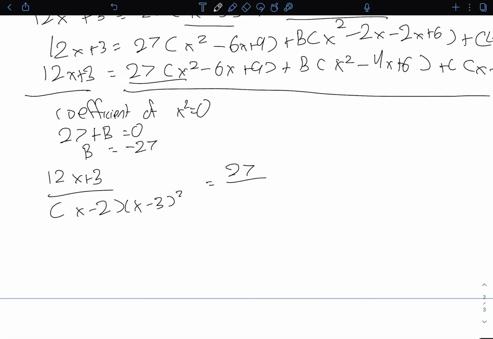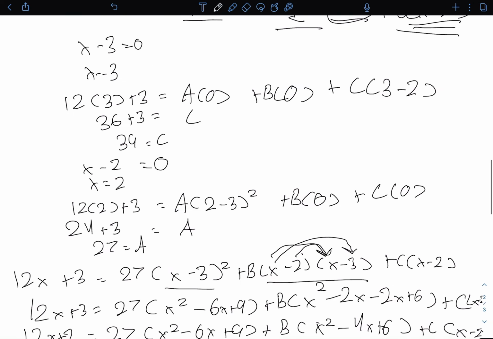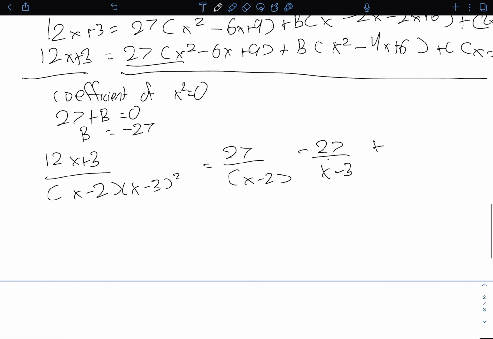It's always mandatory to write your answer at the end like this. 27 over x minus 2, minus 27 over x minus 3, plus the value of c that we found, which was 39, so plus 39 over (x minus 3) squared. That's our final answer. So that's case 2 covered.